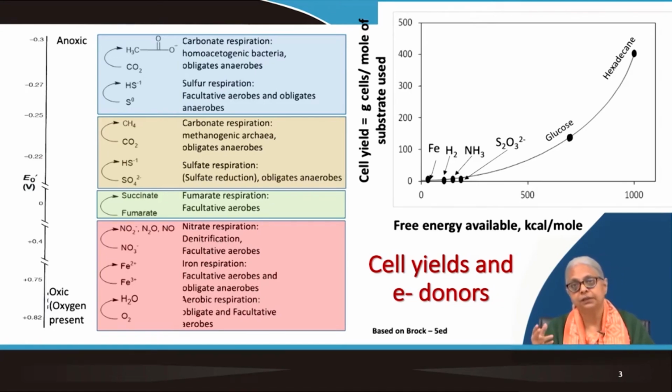It's basically considered to be a simple correlation between delta G values that can be derived by coupling different electron donors with oxygen as the electron acceptor, and you get a direct correlation between the delta G values and the cell yield. On the left hand side are various examples of anaerobic respiration.